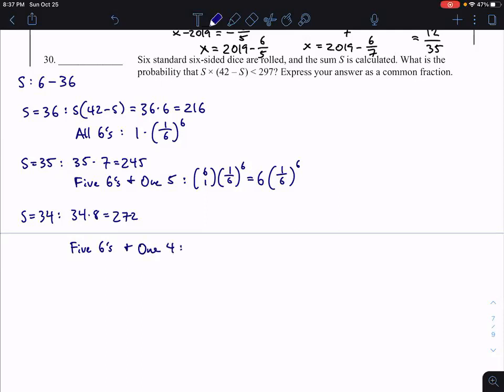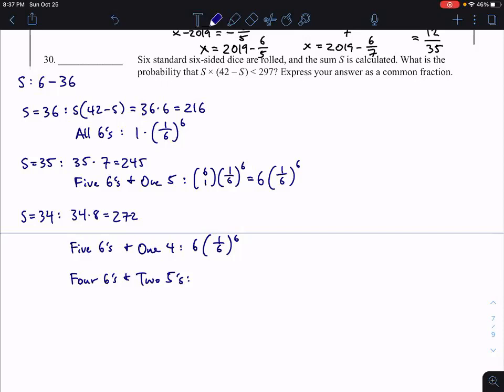So the probability of doing this is the same as this one. So just 6 times 1/6 to the power of 6. And then the other way of having a sum of 34 is when you have 4 6s and 2 5s.